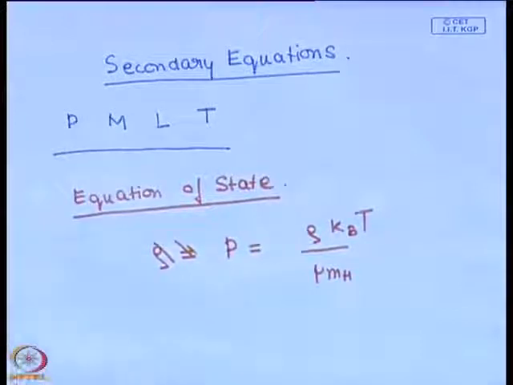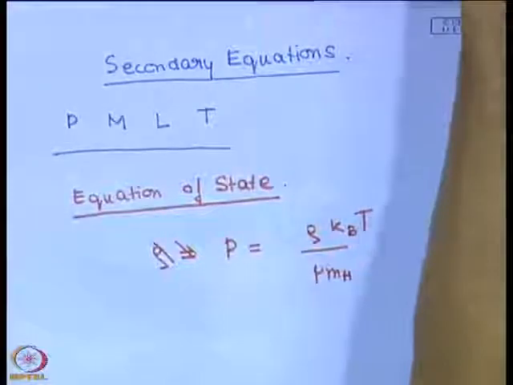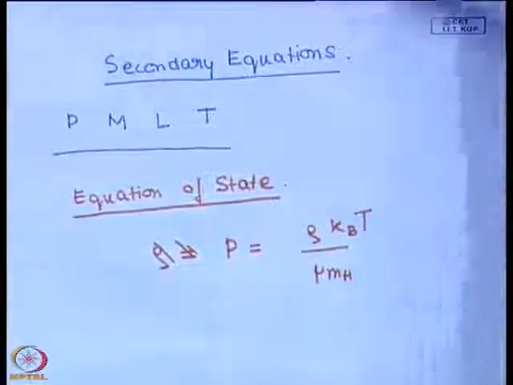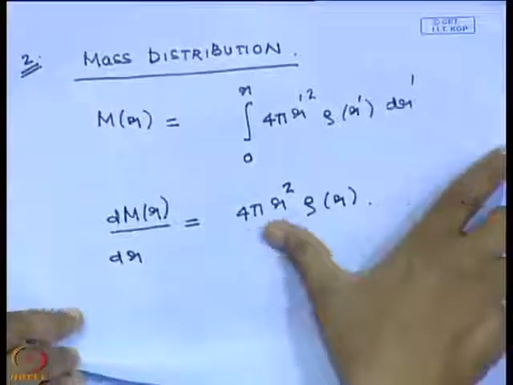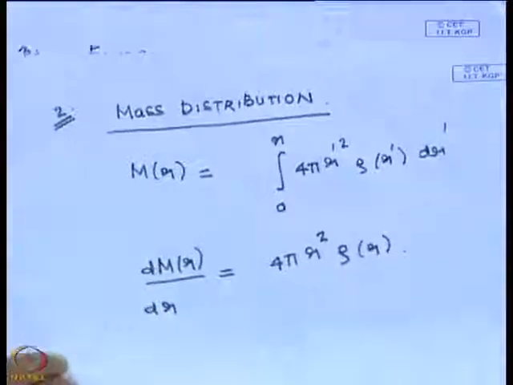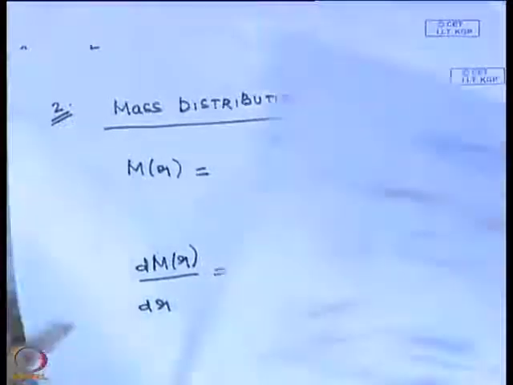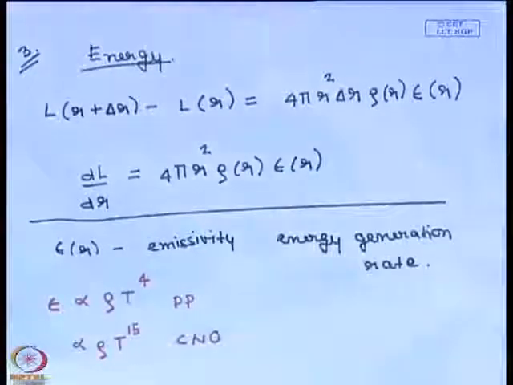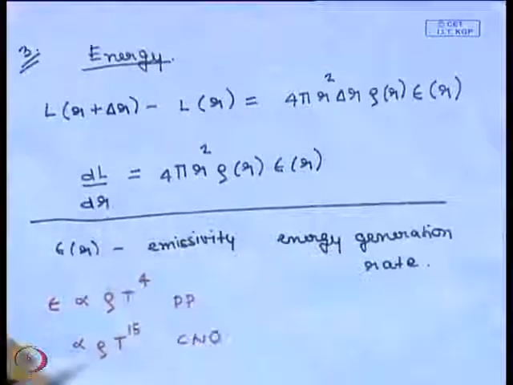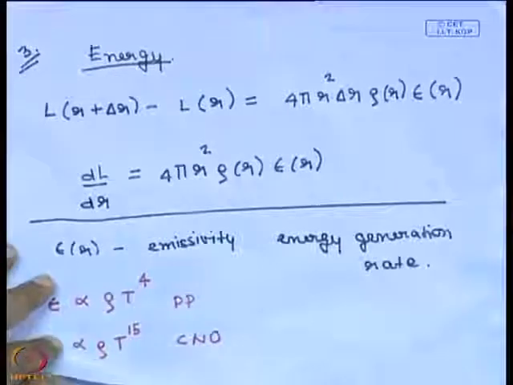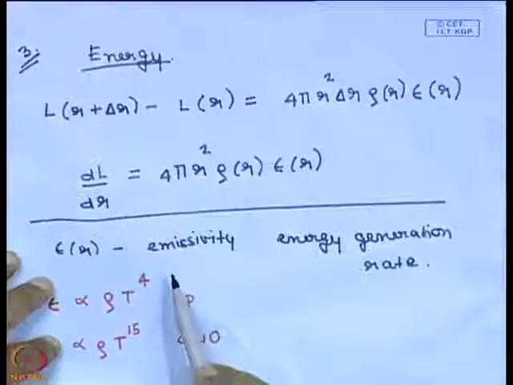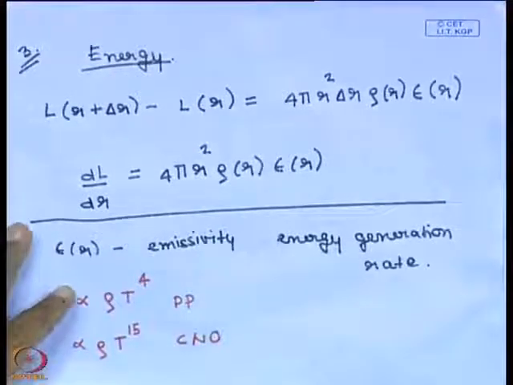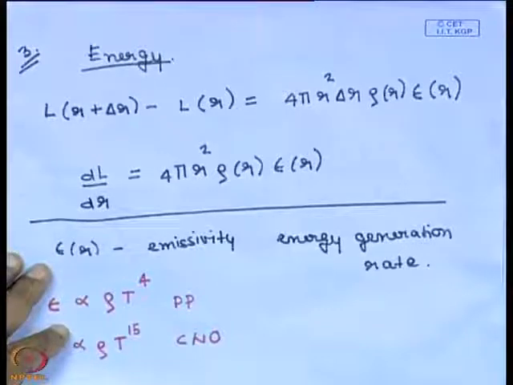You also need some other factors. So, let us look at those. Let us look at the mass profile. The mass profile does not involve anything new. It has a density, which again you can express in terms of pressure and temperature, but the moment you look at the luminosity, it has the energy generation rate or the emissivity.